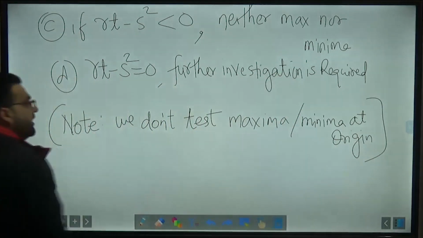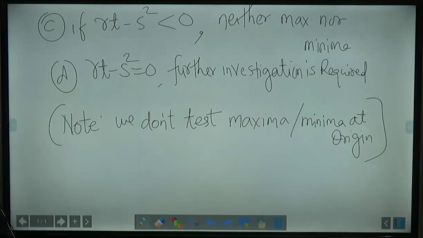That is the standard rule. So if you get some critical point as 0, do not check whether the function will have maxima or minima at that point. Don't check it.